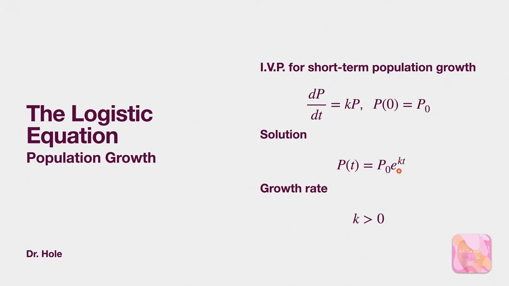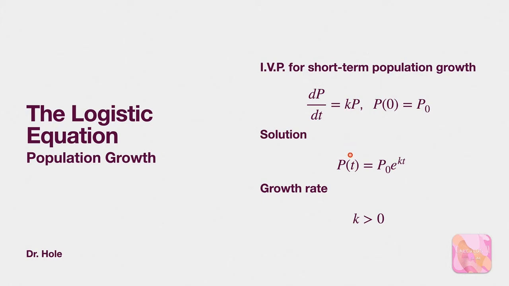In the case of growth, what does this exponential do? It grows exponentially. That's a colloquial phrase. And then it grows without bound. Thus, this IVP produces a solution which is a model for population, but that model is only relevant over a short term.